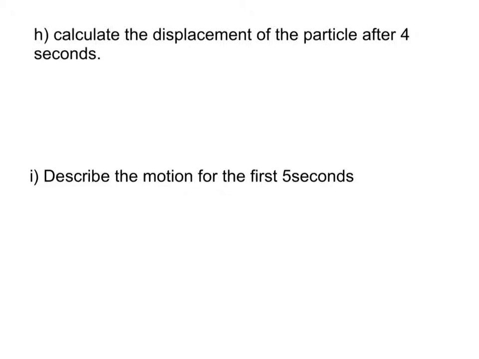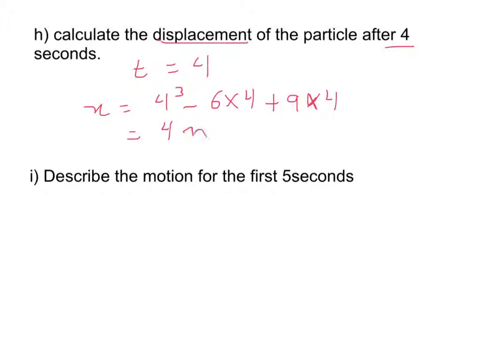In this part, you're supposed to calculate the displacement of the particle when time is equal to 4. So again, substituting t equals 4 in the displacement, you end up with x equal to 4 cubed minus 6 times 4 squared plus 9 times 4, and at the end, at t equals 4, the displacement is equal to 4 meters.